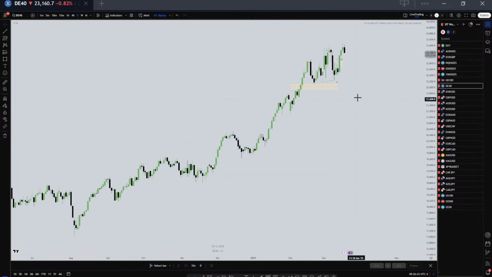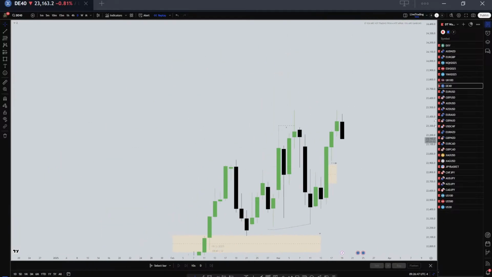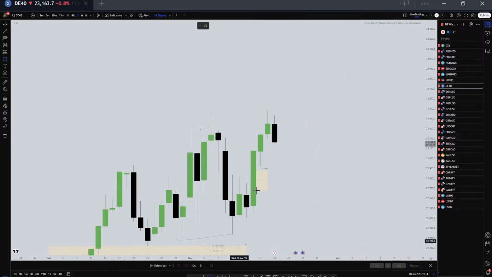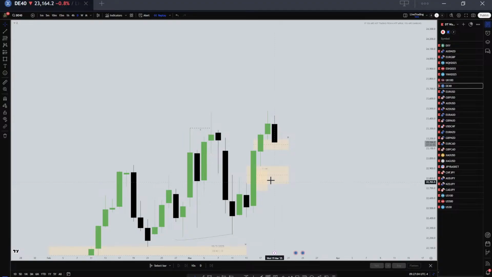For the German index, basically the same. Oh, nice. We are approaching that area where I like to take longs again on the German index. So we have 2 daily value gaps, one here and one here. I like this one the most because there's also a 1 hour and 4 hour bullish value gap there.